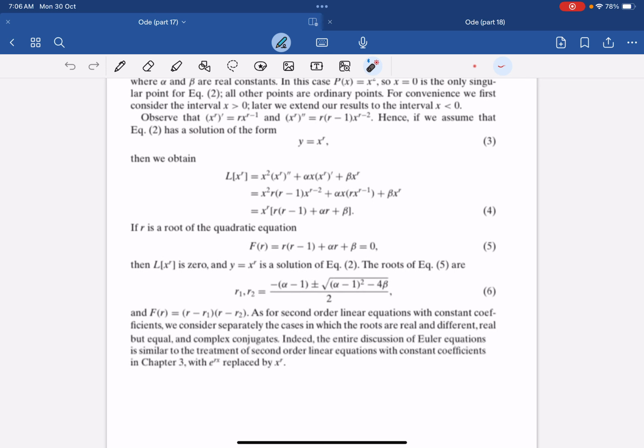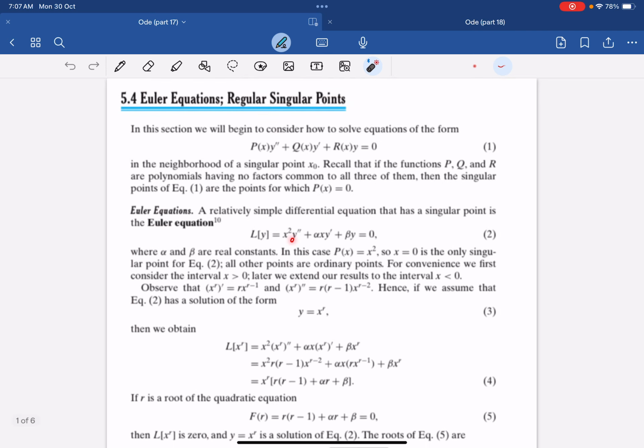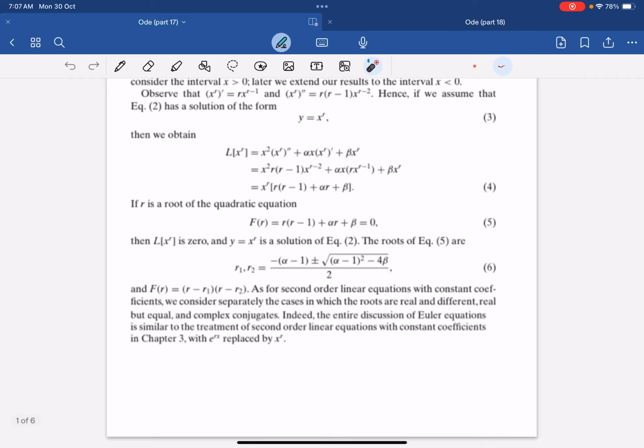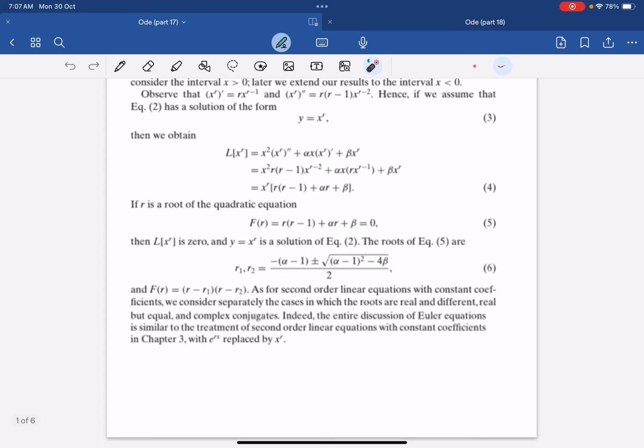This is the same idea as when we did it with constant coefficients. In this case, because it's not constant coefficients, we have the x squared, x and a constant here. We use the monomial x to the power r, and we see that we get this quadratic equation which allows us to solve for the roots of r.